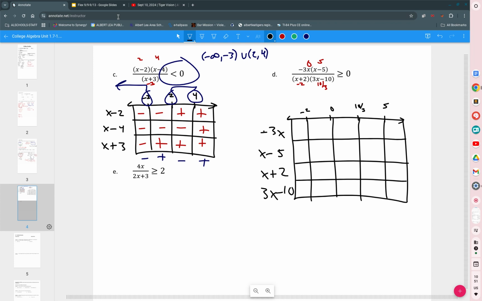So then -3 minus 5 is -8. Minus 10 would be another negative. You got it. So we do -1 here. Keep going. Good job, you guys.